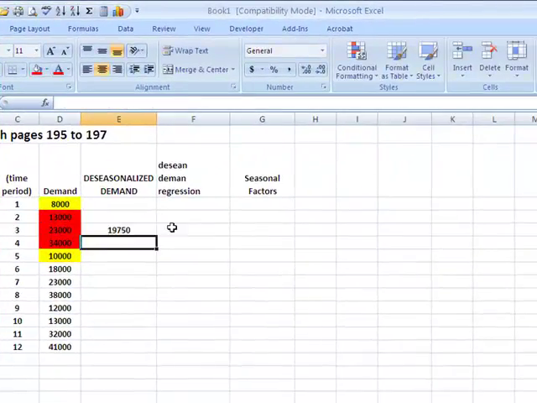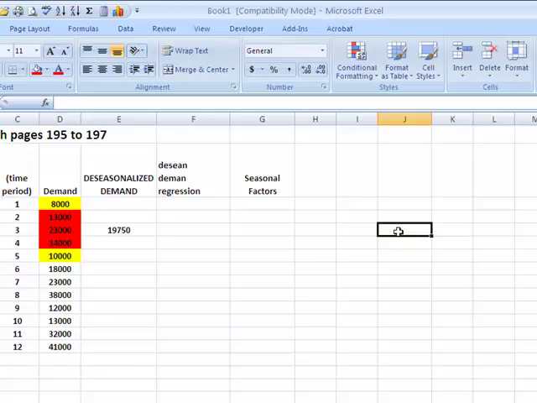Now here's another method that I like better myself. I don't know why your authors do it twice the weight. Here's how I do it. I just give the numbers in the yellow a weight of 0.5. Plus, again, the number in the yellow, the 10,000, is given a weight of 0.5, so half the weight of the red numbers.